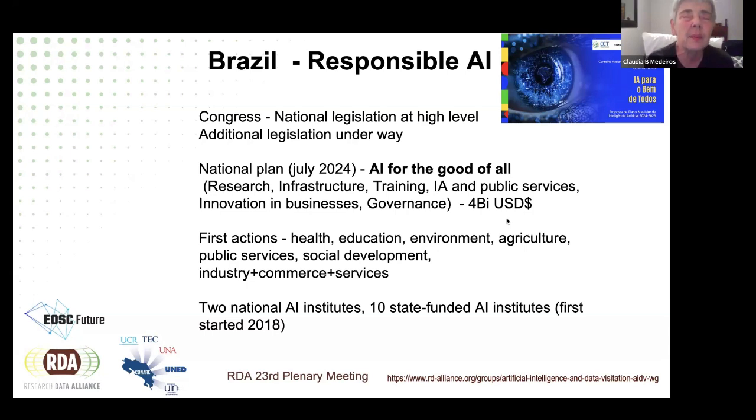Most of them are thematic, such as AI for health, AI for agriculture, or AI for business and manufacturing. And they vary from 30 to 40 researchers to 100 researchers, plus the equivalent of postdoc and doctoral students. And this is all I had to say.